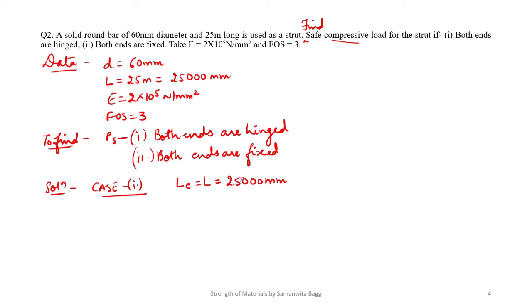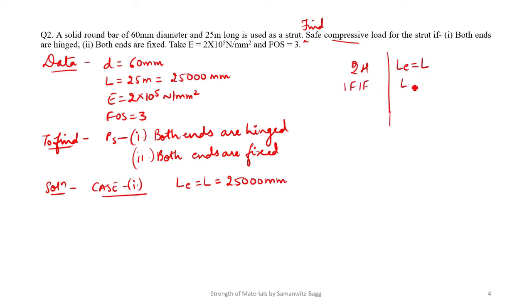Now I'll give you a simple technique for remembering the table. If you go through your notes, the first thing that we had discussed was both ends hinged, which I can call 2H. For that, my LE was equal to L. Then the second case was one end fixed and one end free.